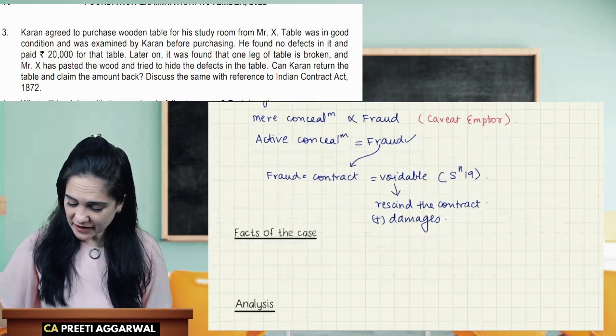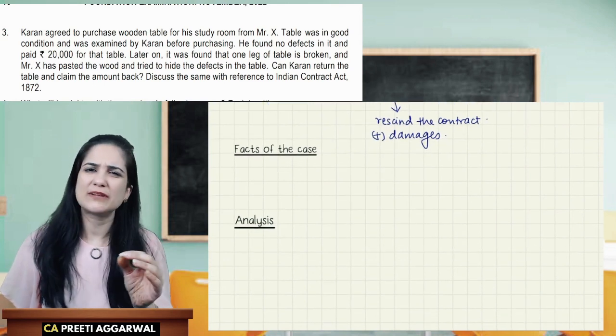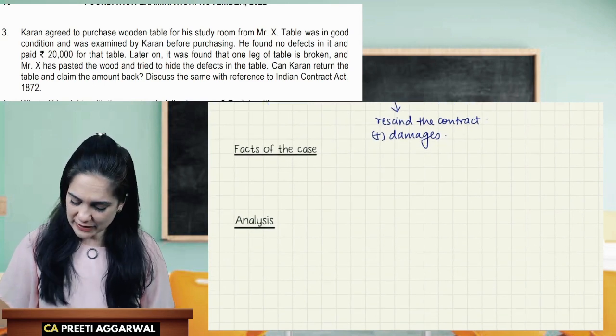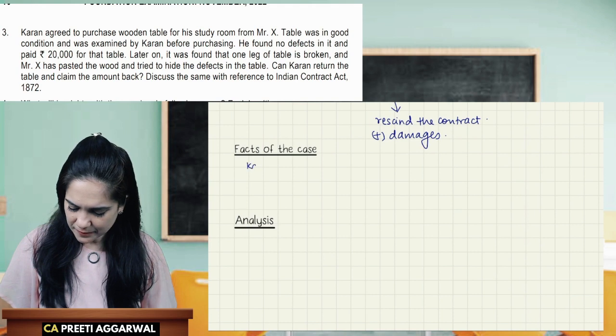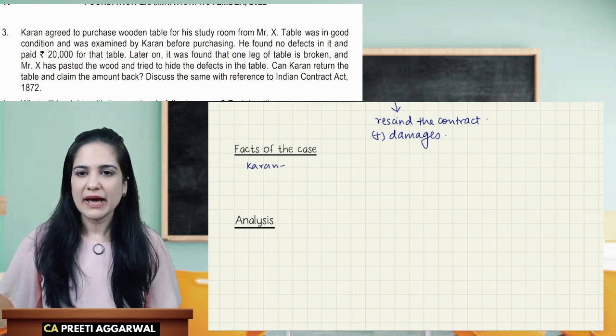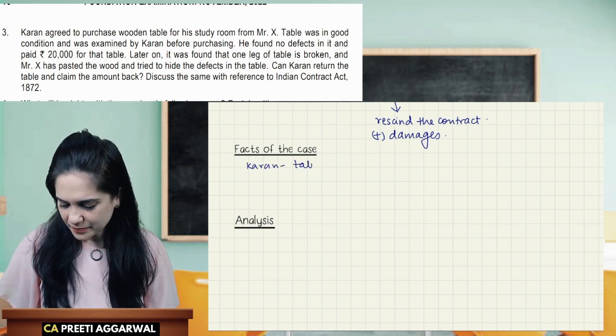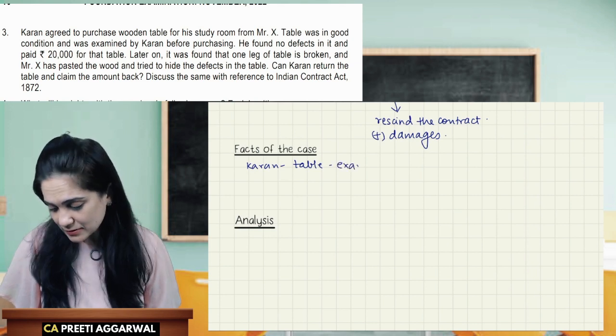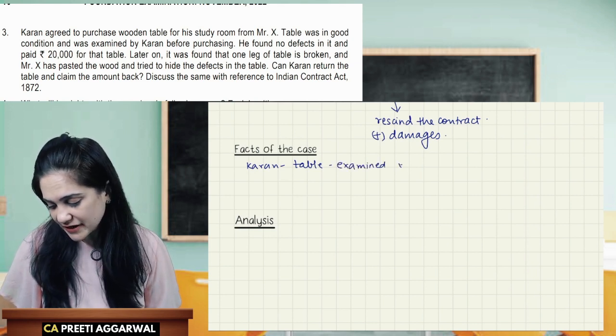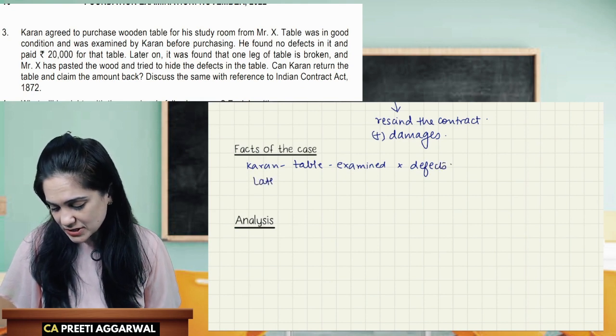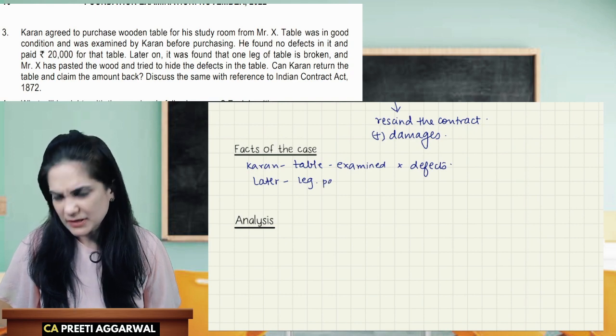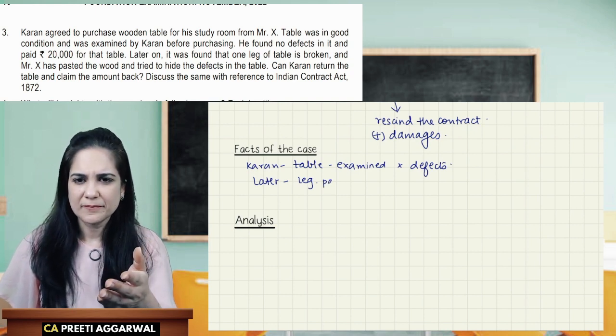Then what will you write in the facts? You will just explain the question in your own words. So you will say that Karan agreed to purchase a table. He examined the table, but he did not find any defects. Later, when he used the table, he found that the leg was pasted. That is what is written, right? It was pasted.